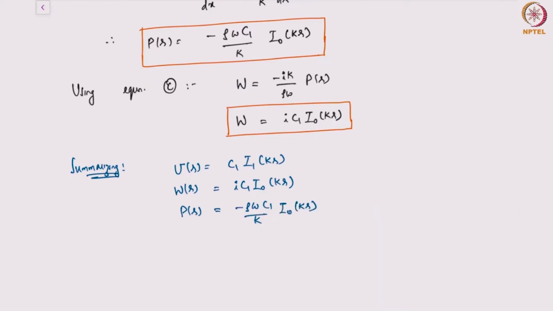Notice that W has an i sitting in front. If you were to write it as an argument in terms of a phase, i could be replaced with e power i pi by 2, and that will be like a quarter wavelength, just as we had anticipated.